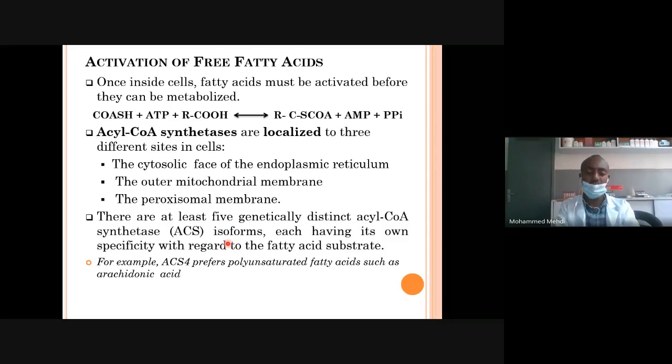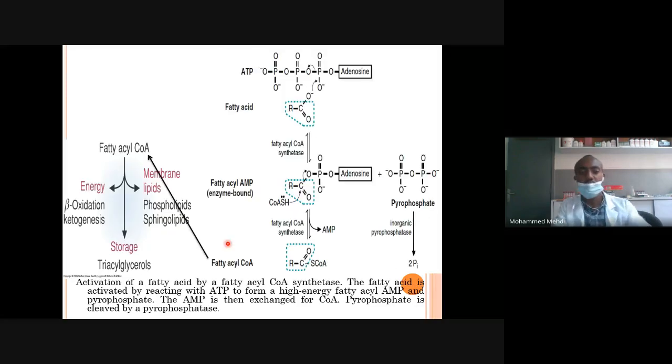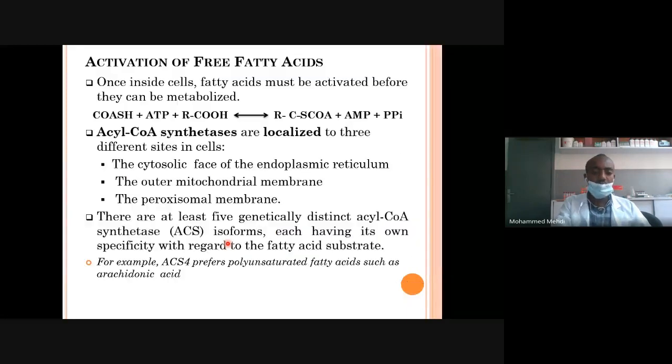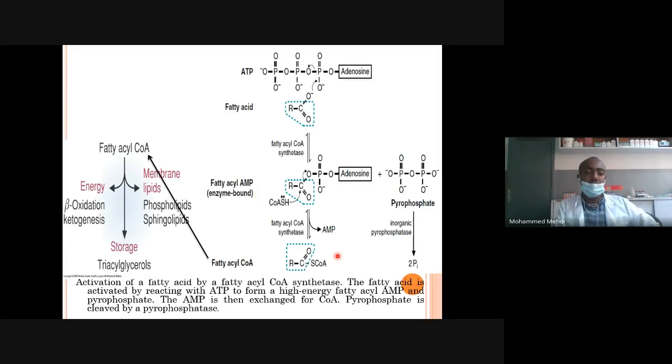Long chain fatty acids have their own enzyme called long chain fatty acid CoA synthetase. The isoforms are for different fatty acid lengths, based on the different number of carbons in the fatty acid.